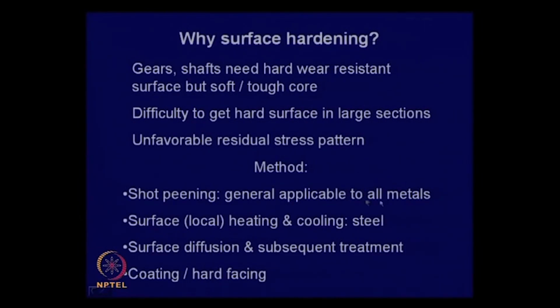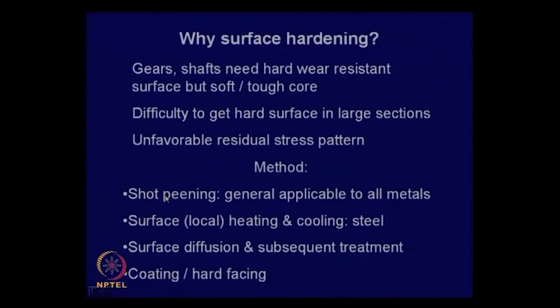Like steel, we have seen it is amenable to a large number of special heat treatment processes, because it undergoes allotropic transformation. The phase diagram has certain very specific features which make it amenable to a large number of different heat treatment processes, which may not be so in many other metals.